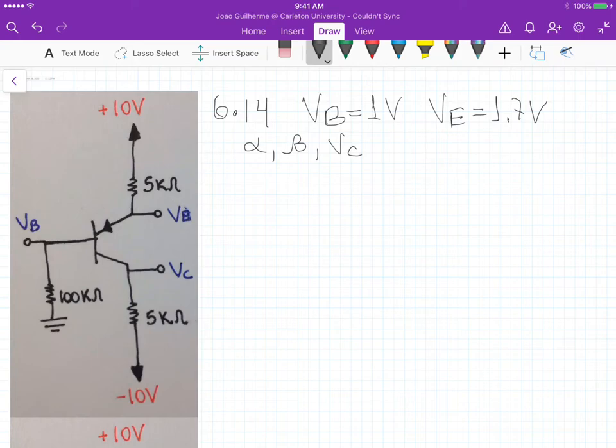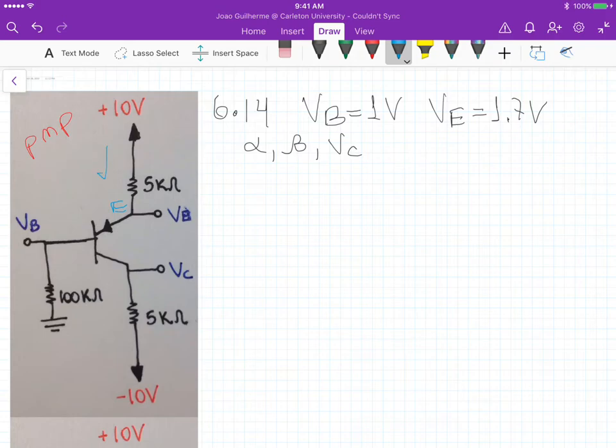Okay, so let's solve another problem, this time 6.14 exercise. We have this circuit here, and if we look at the BJT in this circuit, it's a PNP, right? Because the arrow is pointing inside the BJT, so it basically means that we have our emitter here.